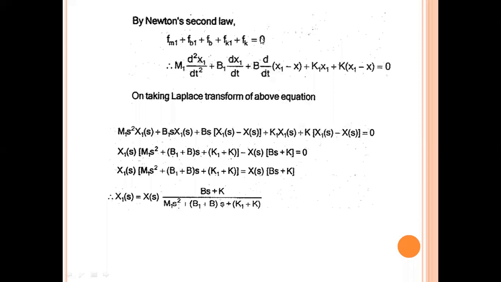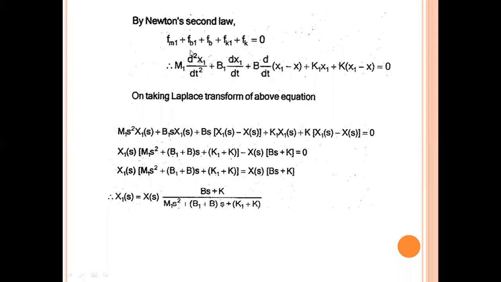We know there is no directly applied force on m1, so applied force is 0. But the opposing forces, we have 5: force due to m1, force due to b1, force due to b, force due to k1, force due to k.